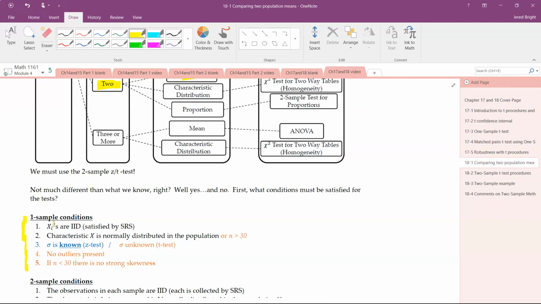Then the characteristic needs to be normally distributed, or in the case of the t-test, if n is greater than 30, that's generally enough. In the case of the z-test, we need sigma to be known. If sigma is unknown, that's again where we do the t-test. Also for the t-test, we can have the conditions that we don't have outliers. And if we have a small or even a moderate size sample, for our purposes, there should be no strong skewness present. Those were the one sample conditions.